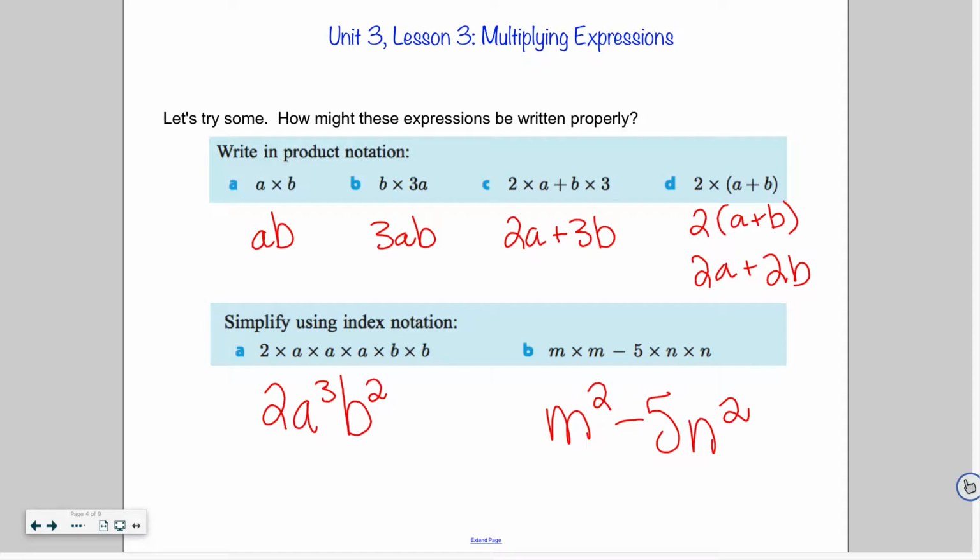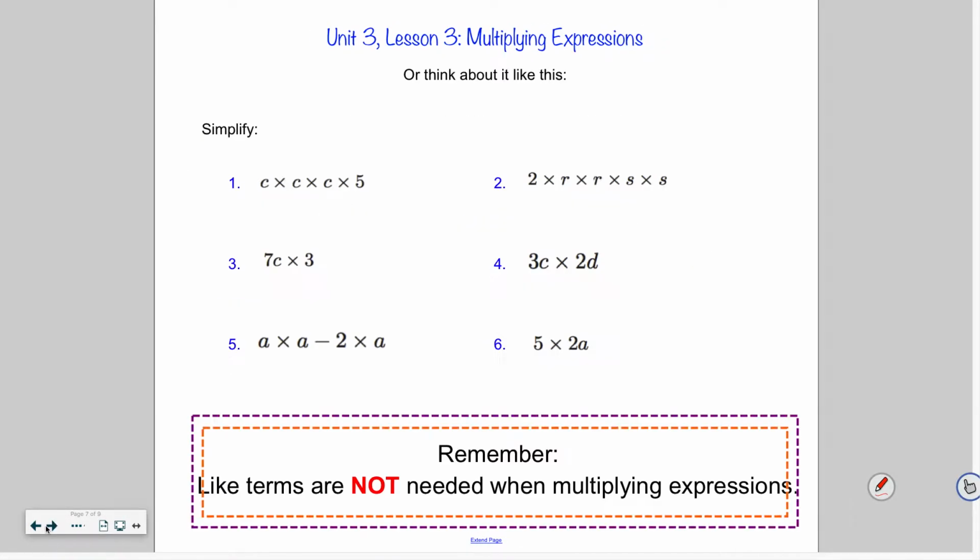Okay, I want to try one more little stumper, and then I think we're ready to practice. Can you try? What would happen if you had two coefficients, like 3a times 5a to the second? Let's call this example 3. I'm going to charge up the level a little bit.